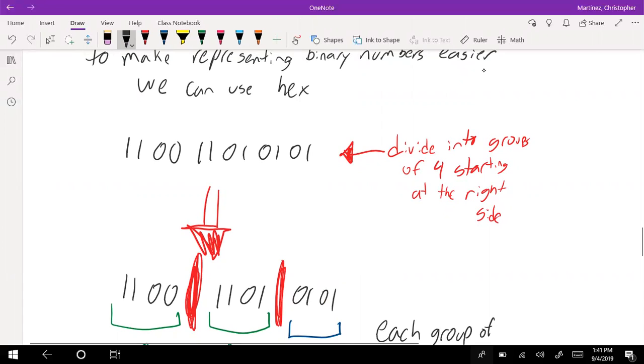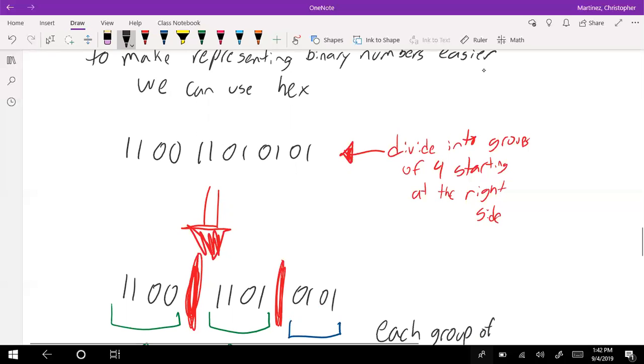Now, it's a little bit easier to read it out in binary: 1100, 1101, 0101. The groupings are easy for us to remember, kind of like how a credit card is divided into groups of 4.